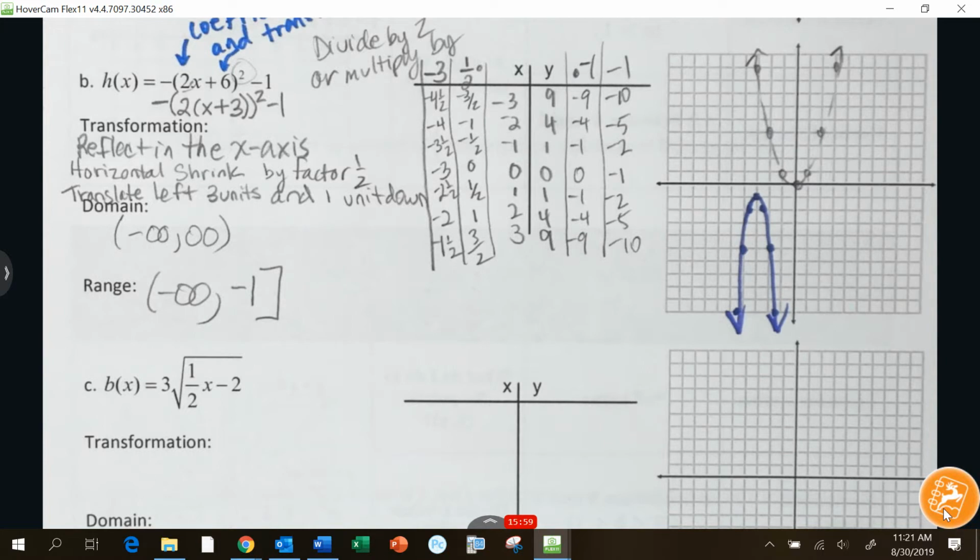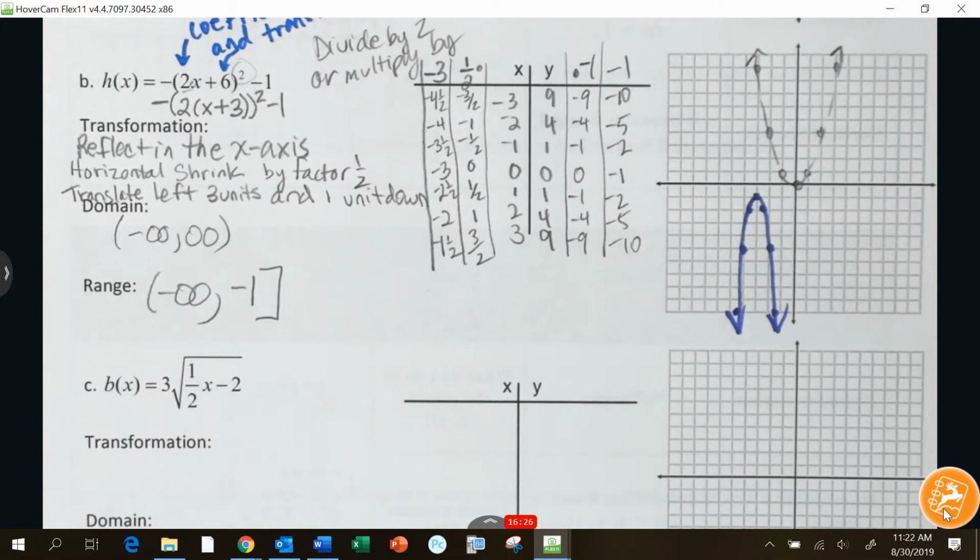So next one, we're looking at parent function points. What is our parent function in the next one? This looks good. What is that parent function group? Yeah, the square root of x.